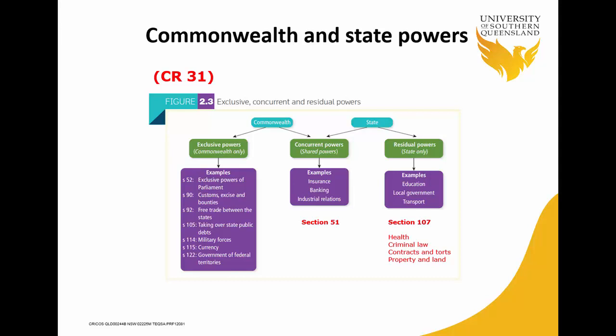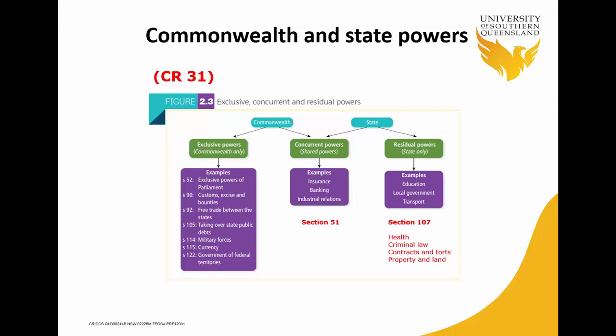This is an innovation in constitutional design that you don't find in the constitutions of, for example, the United States or Canada, the other 2 great Anglo-American federations. In fact, in Canada there are only 2 or 3 concurrent powers between the federal government and the provincial governments of Canada.